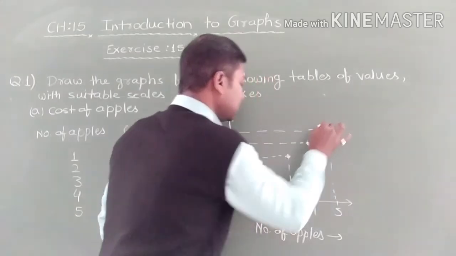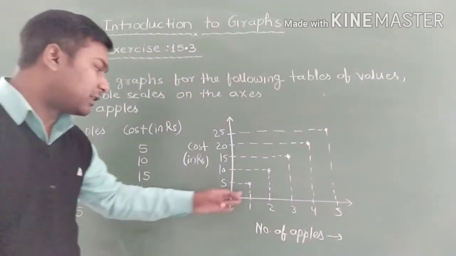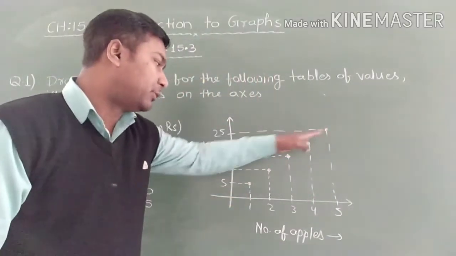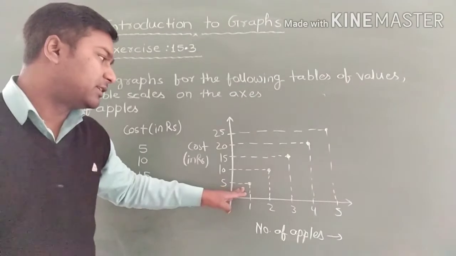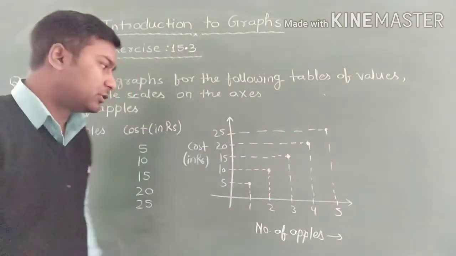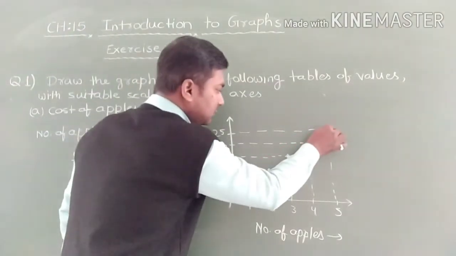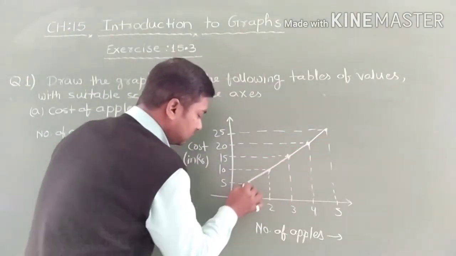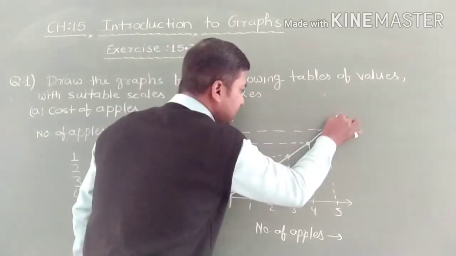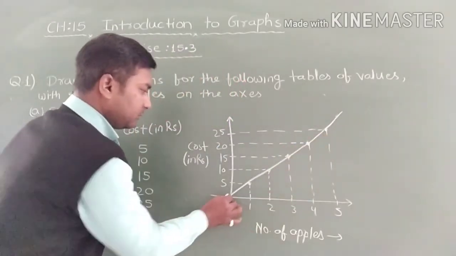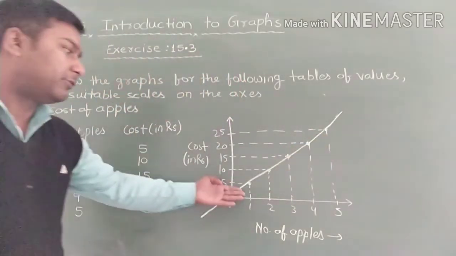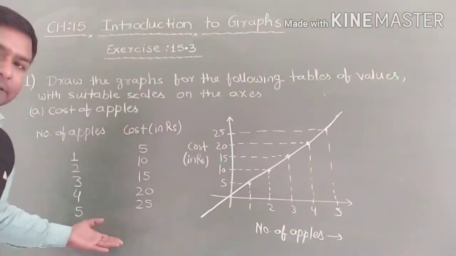So this point. Okay, now these are the points. We have to draw a line passing through these points. So it will be like this. So this is the graph of this data.